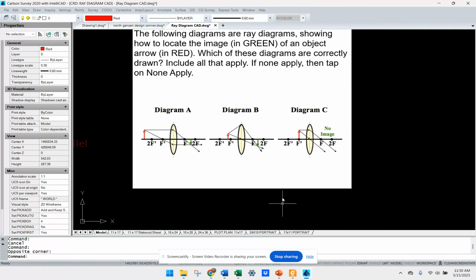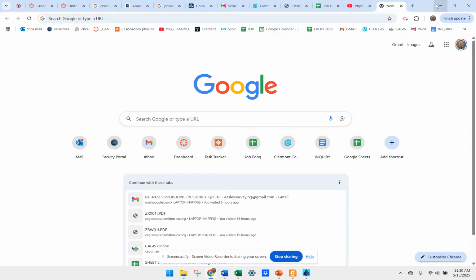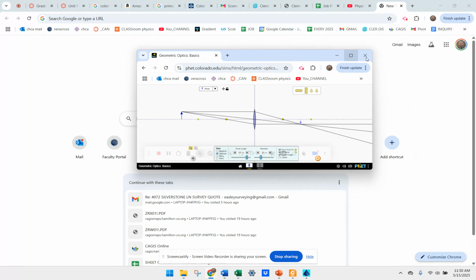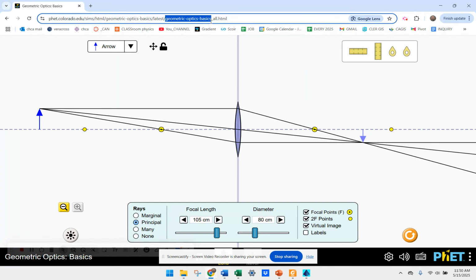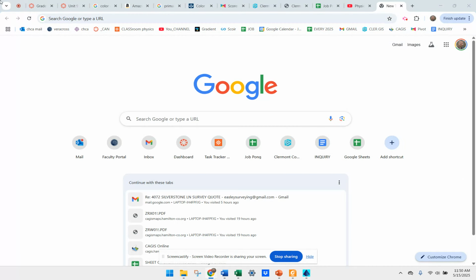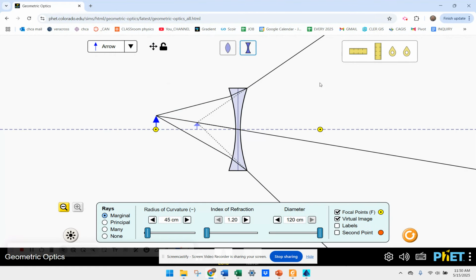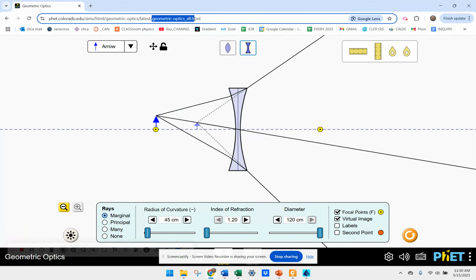I would like to pause here and just say, if you aren't doing this, when you go into these, there are 2 different places that you can be looking. There is a geometric optics basics. They're linked normally for you, but you can always find it there. And then there's also just plain old geometric optics, and it's not basics.